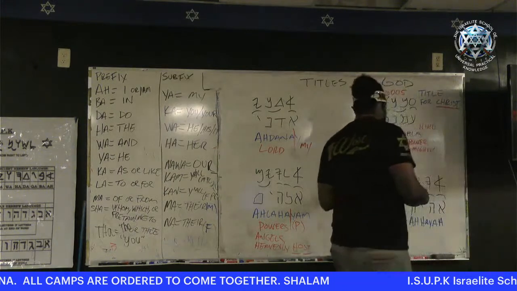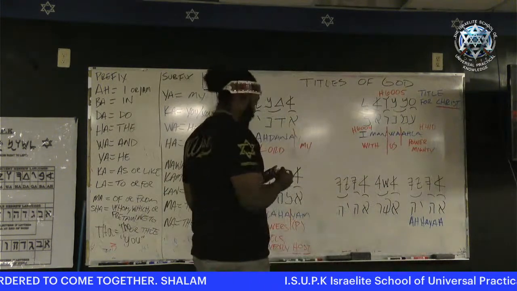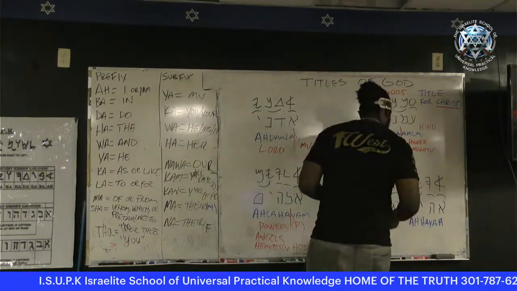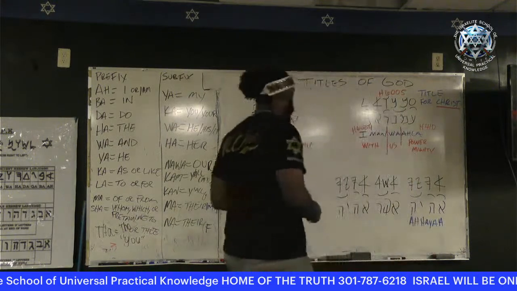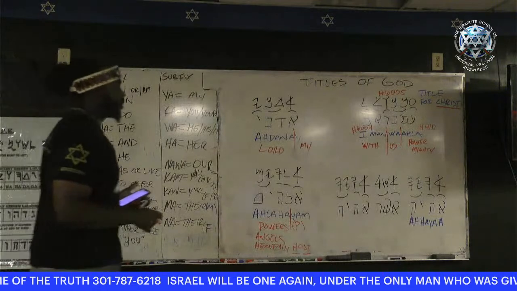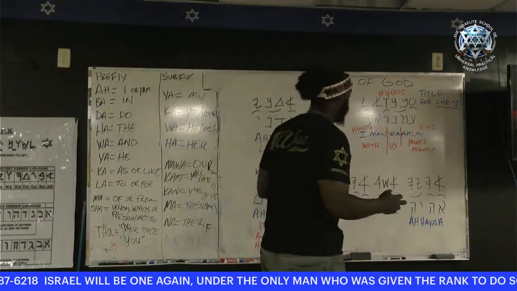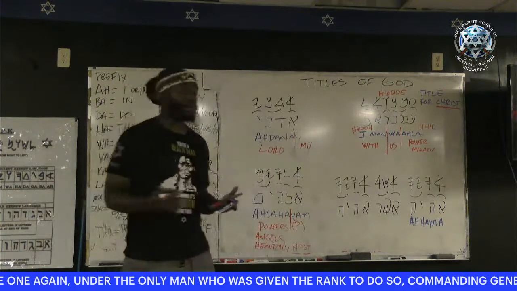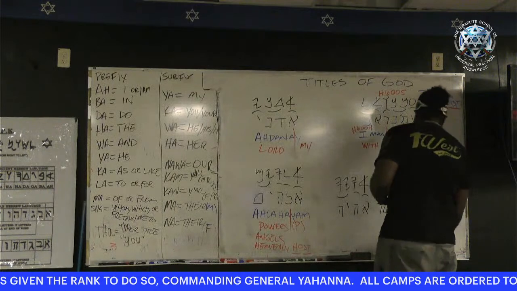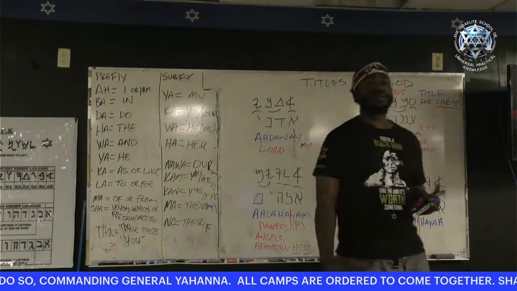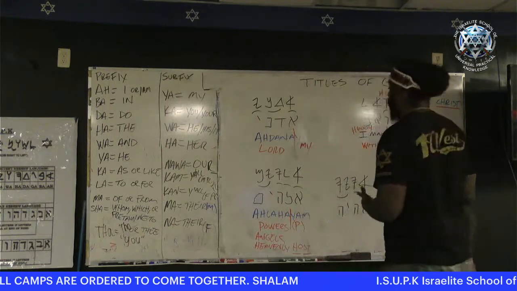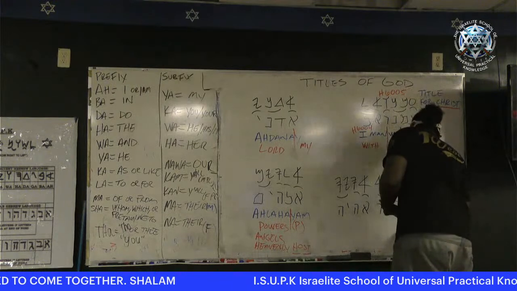So we have Ahaya, which is broken down into two words, but we're going to break it down one piece at a time. What does it have? It has a prefix, right? So the prefix is ah. According to our chart, what does ah mean as a prefix? Means I or I am.